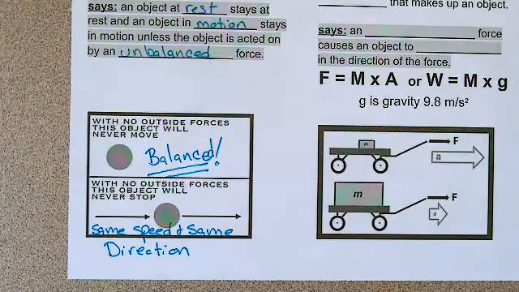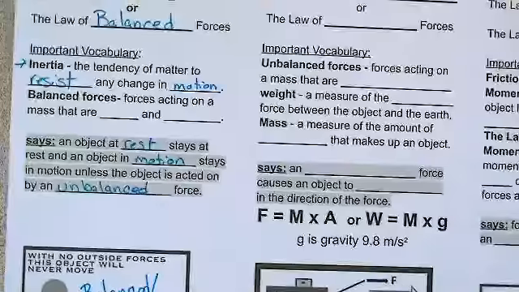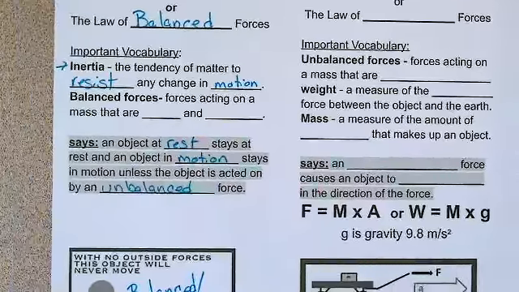So unless I come along and kick that ball, or the friction applied to this ball makes it stop, if none of those things happen, it's because of its inertia, it's always going to continue on in the state that it's in.